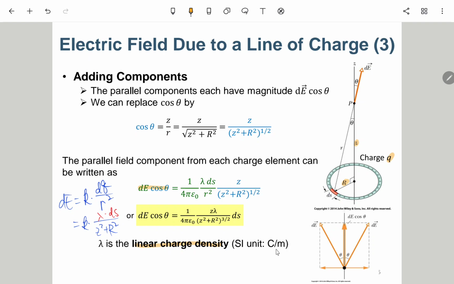This is the SI unit for the charge, and this is the SI unit for the length. So C over m is the SI unit for lambda, the linear charge density.